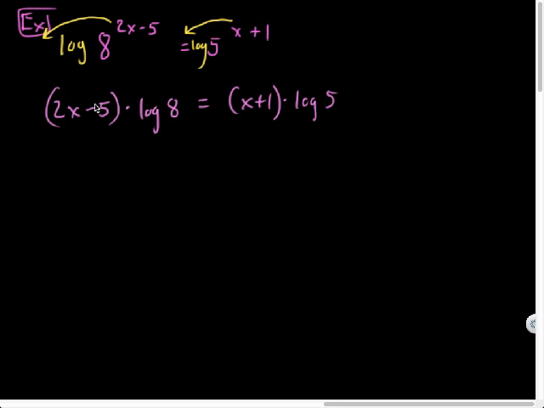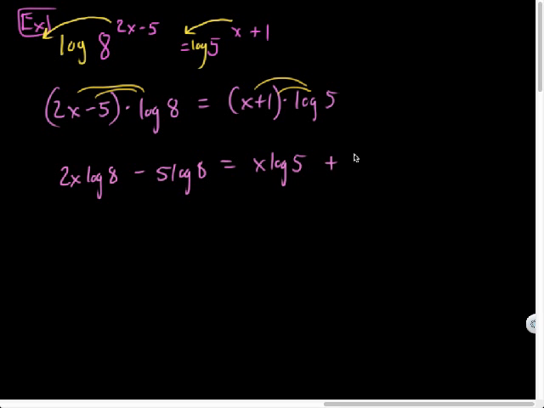So, I still can't do much here, so I'm actually going to distribute these logs to their respective buddies. So I'll have 2x log 8 minus 5 log 8 equals x log 5 plus 1 times log 5 is just log 5.